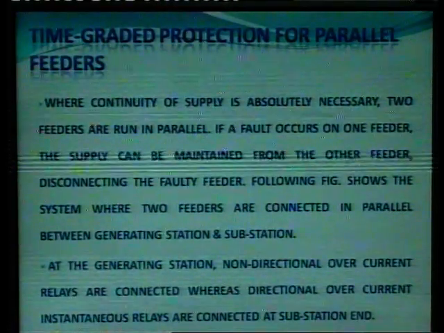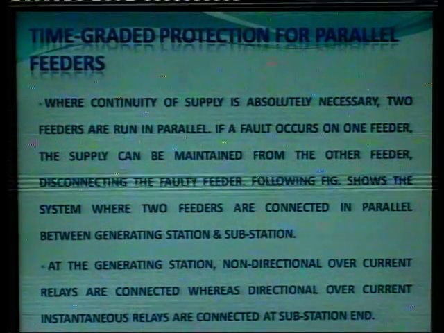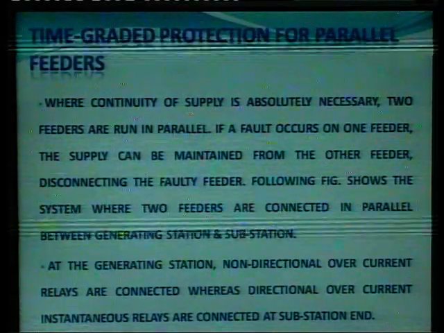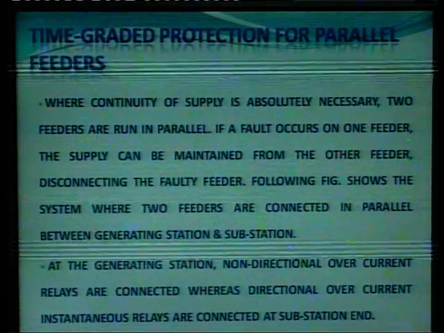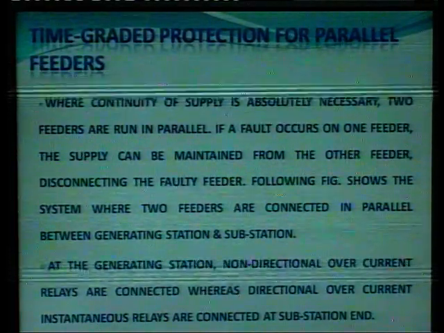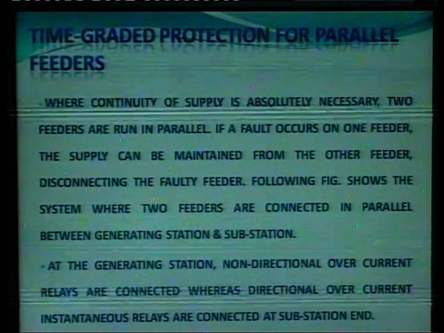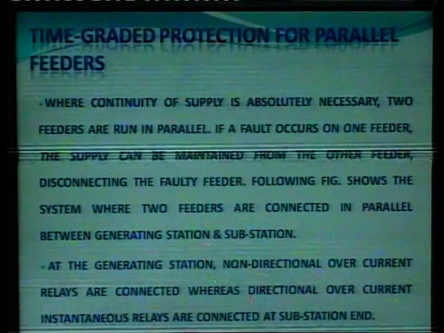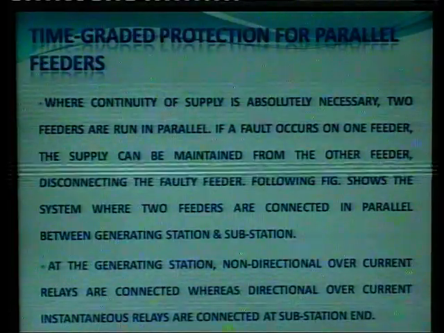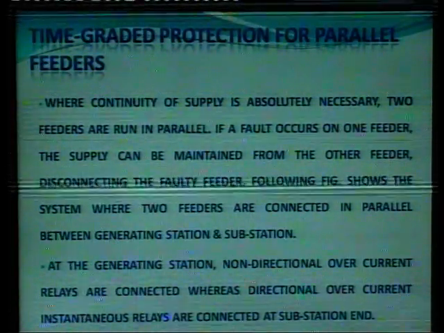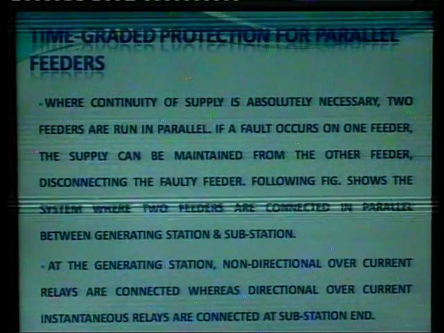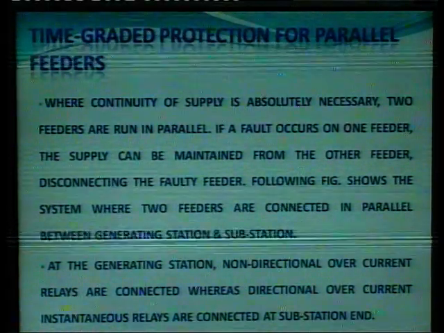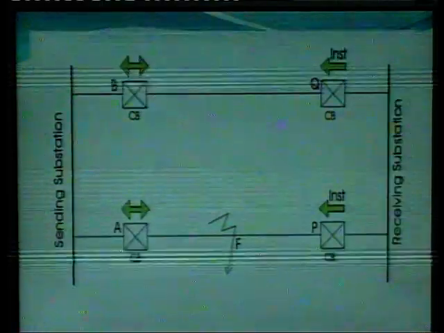So, first of all, what is a parallel feeder? A parallel feeder is necessary whenever the continuity of the supply is very necessary. At the generating station, non-directional overcurrent relays are connected, whereas directional overcurrent instantaneous relays are connected at the substation end. So, let us see the diagram.